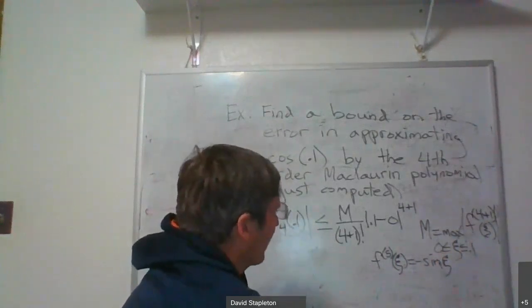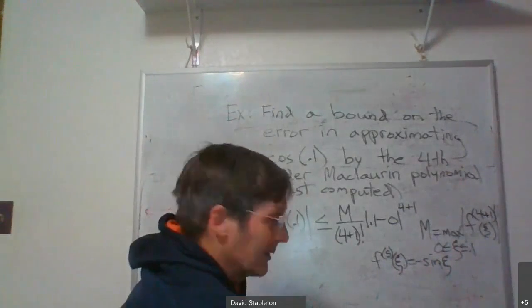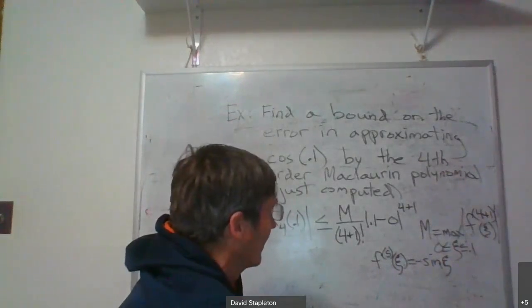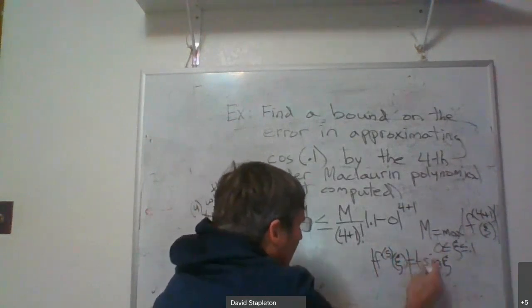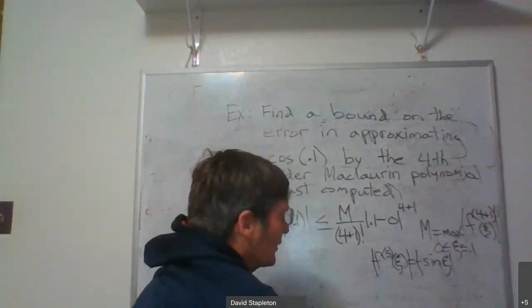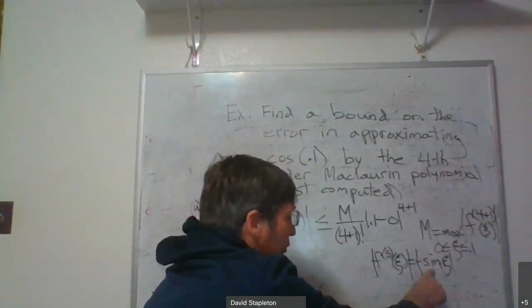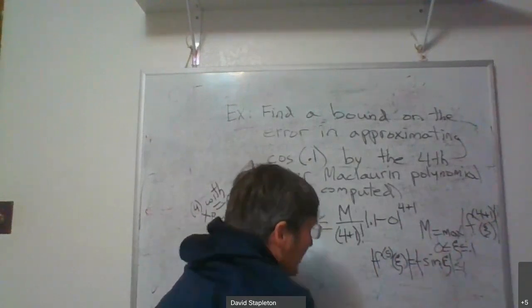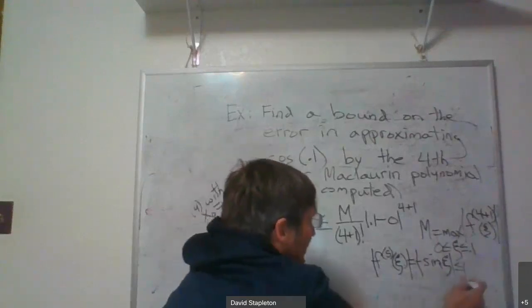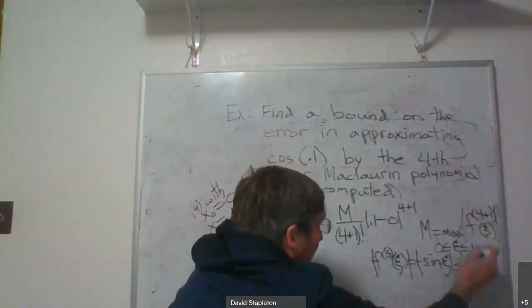And how do I bound that? Well, sine is always a number between plus and minus 1, so its absolute value is less than or equal to 1. So I can say that m is 1.